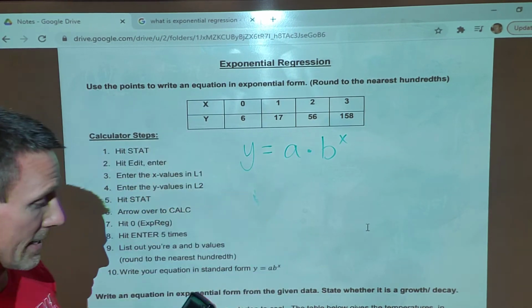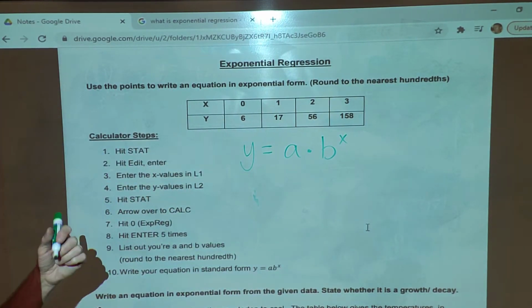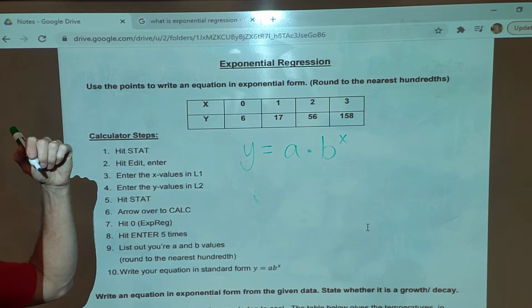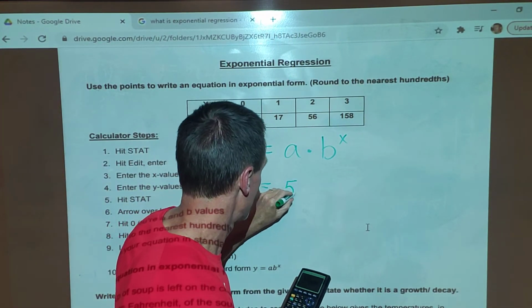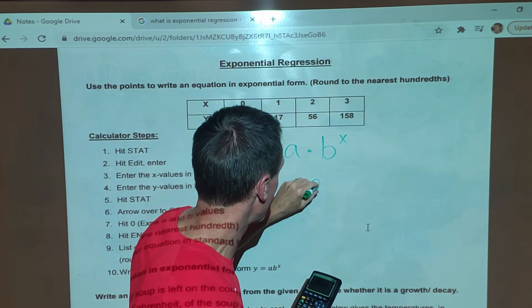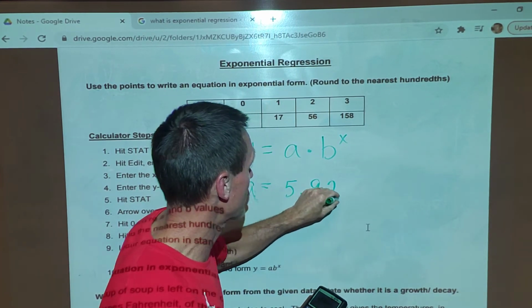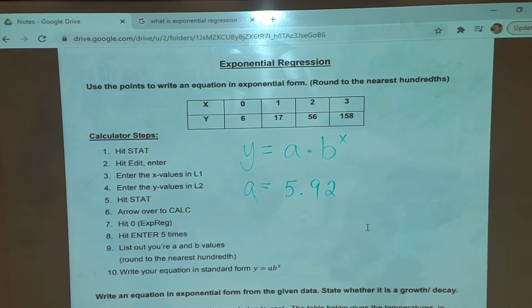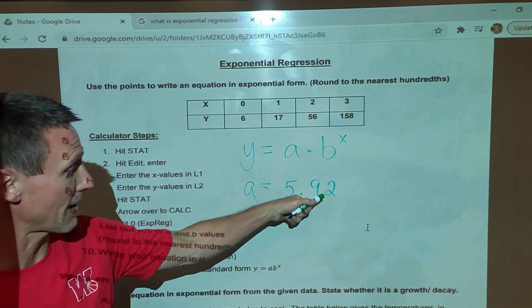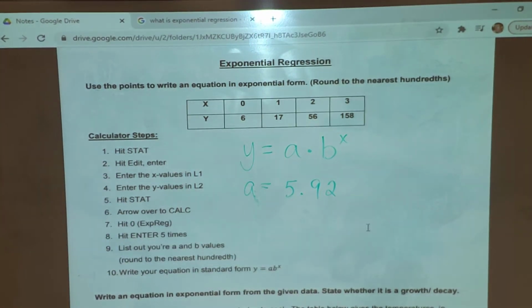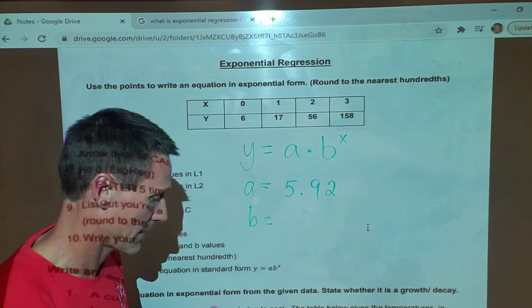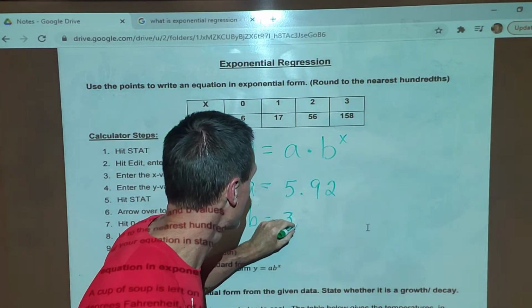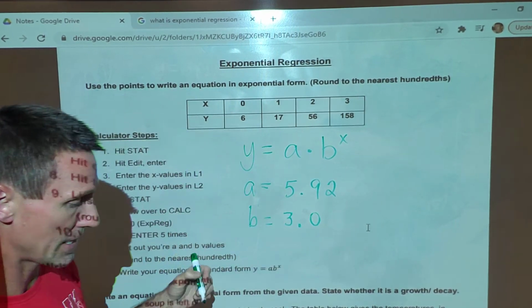This calculator shows that same thing, y equals a times b to the x power, and it gives me a equals 5.915. So I'm going to round the 1 up to a 2, because 915 would round up to 92. And my b value is 3.005.